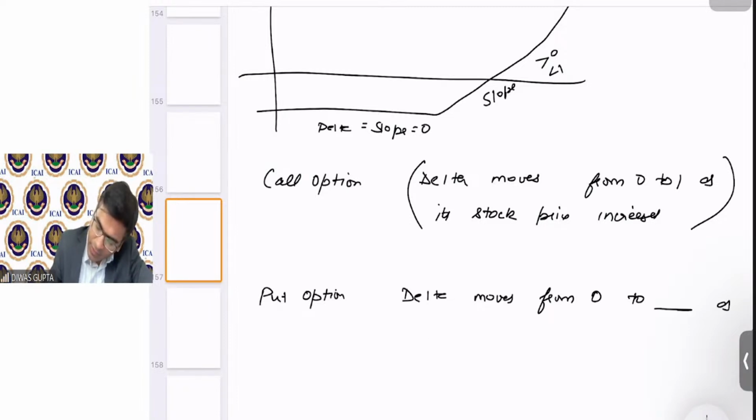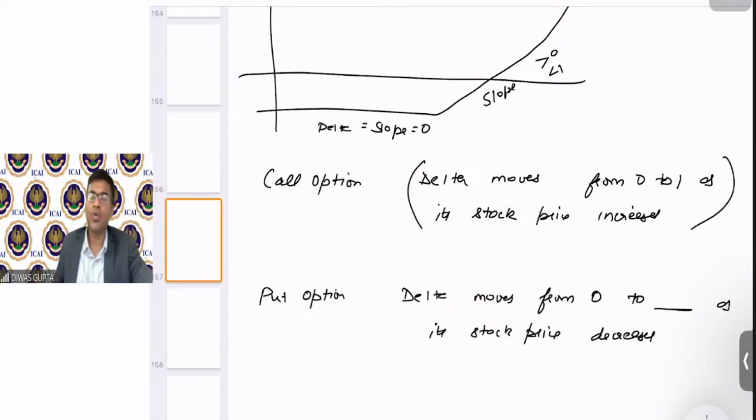As its stock price decreases. Okay, so in put option, if the stock price decreases, then only delta will move from 0 to dash. What is this dash? Tell me. So in case of a put option, students, what do you feel the delta will move to from 0 to where? In case the stock price decreases, students.